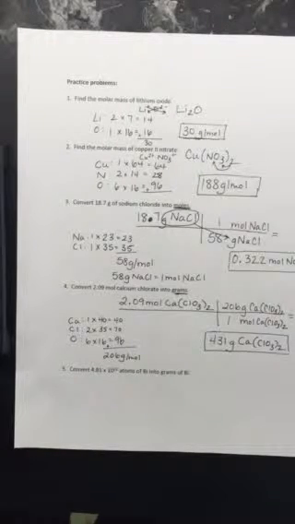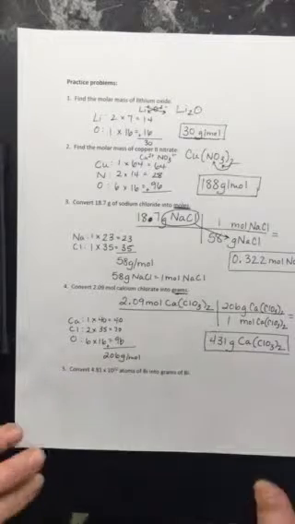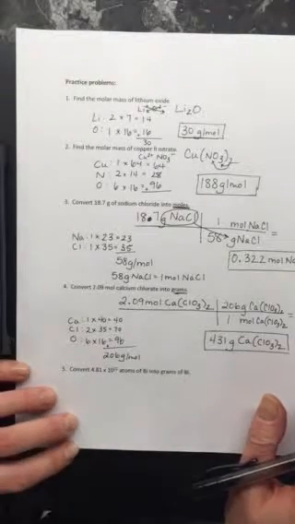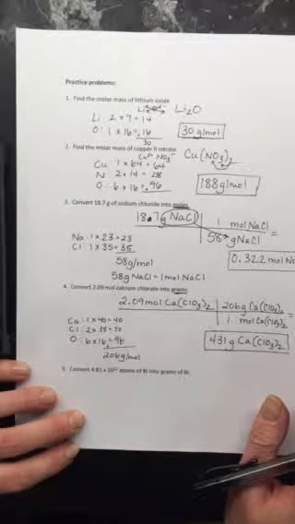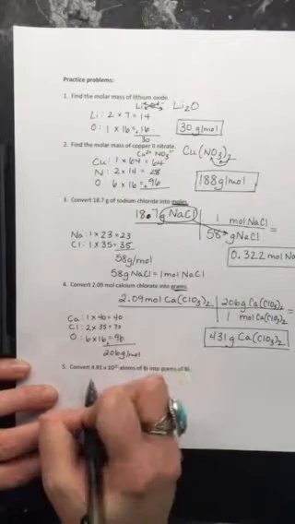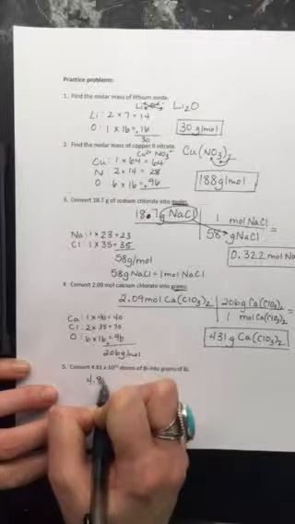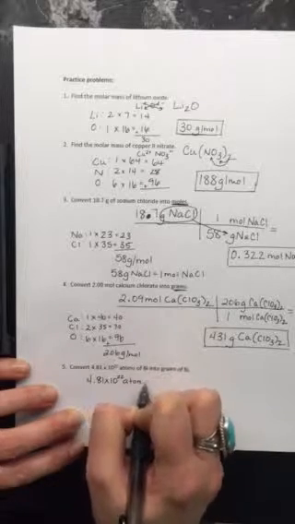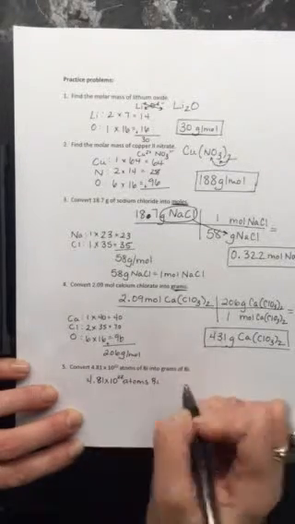Okay, now finally, we've got a question involving atoms. Okay, so number 5 says convert 4.81 times 10 to the 22nd atoms of bismuth into grams of bismuth. So we're going to take what we know, 4.81 times 10 to the 22nd atoms of bismuth.